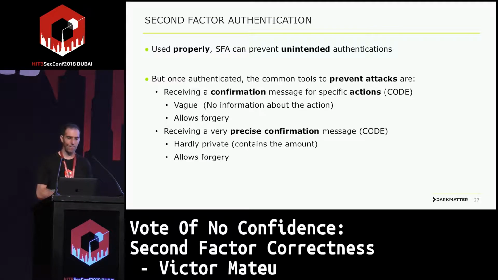So we have seen that there are different approaches that achieve this solution, but most of them are based on trying to send you information without telling you everything. So the information is very vague. You just received a code that says someone tried to do a transaction. For instance, in Google, someone tries to log in from some device, but most of the users will not be able to see if this is a threat or not.